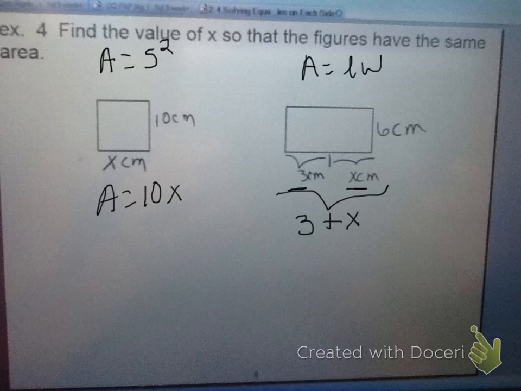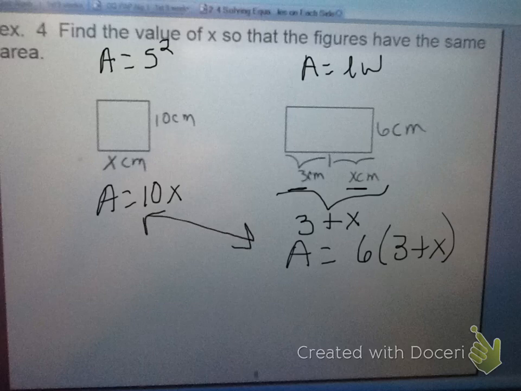So the area is length times width. So the area is the width, which is 6, times the length, which is 3 plus x. So now we're going to put these two areas equal to each other to make our equation. 10x is equal to 6 times 3 plus x.